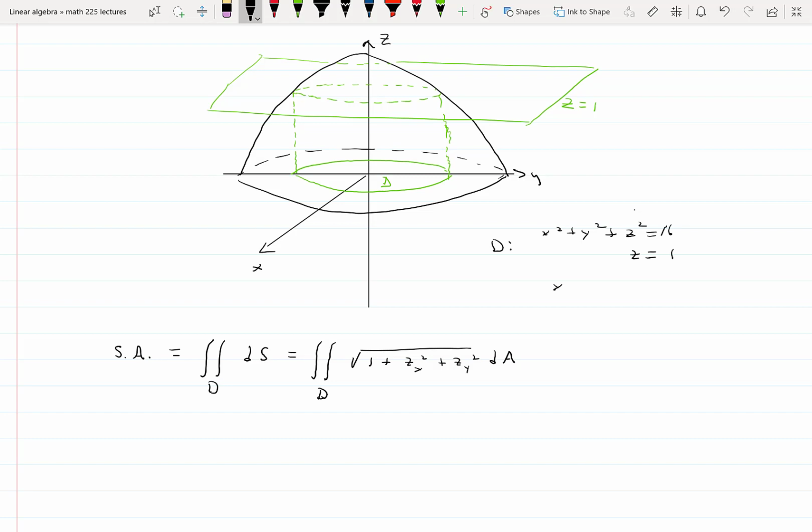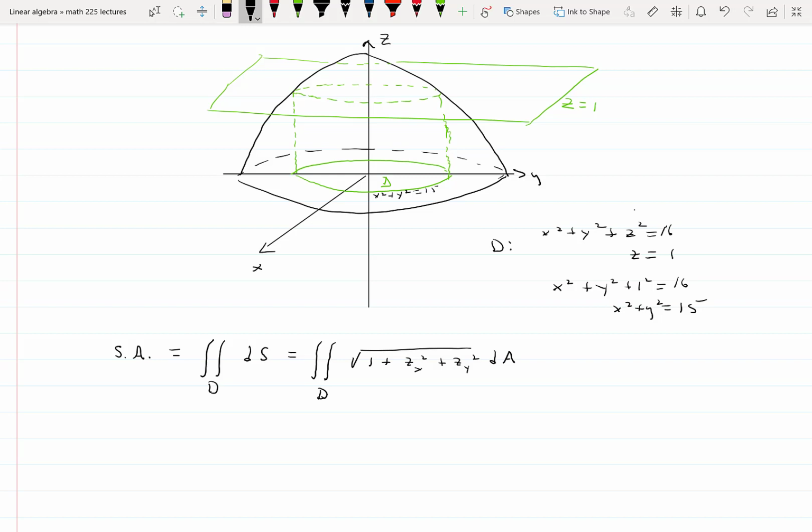If I substitute z equals 1 into the sphere, I get x squared plus y squared plus 1 squared equals 16, or x squared plus y squared equals 15, which is a circle. That little circle is x squared plus y squared equals 15.